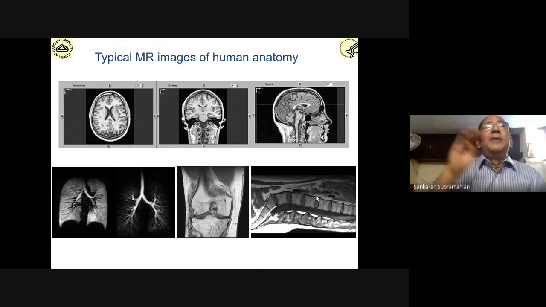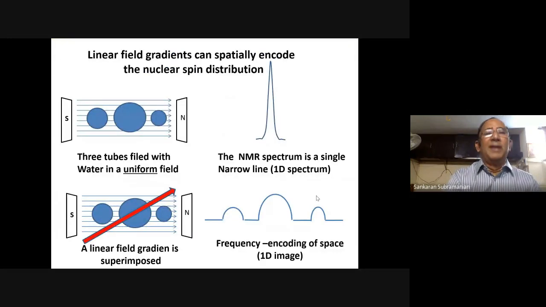Therefore, superimposing magnetic field gradients on a static field will help us encode the frequencies of resonance in terms of the space. So spatial encoding of frequencies comes as a result of supplying three-dimensional gradients on a highly homogeneous magnetic field. This is just a very, very simple elementary picture.